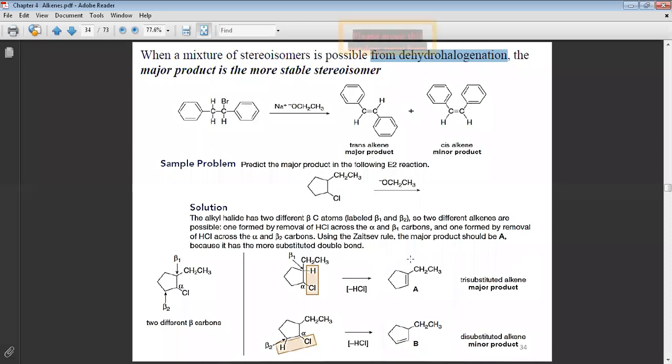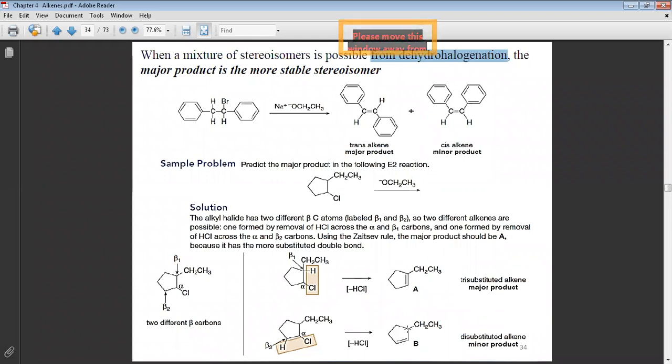More substituted alkene. Look at this double bond, how many carbons does this double bond have? Three carbons, that means tri-substituted. But this double bond, look at this double bond. How many carbons do we have for this double bond?